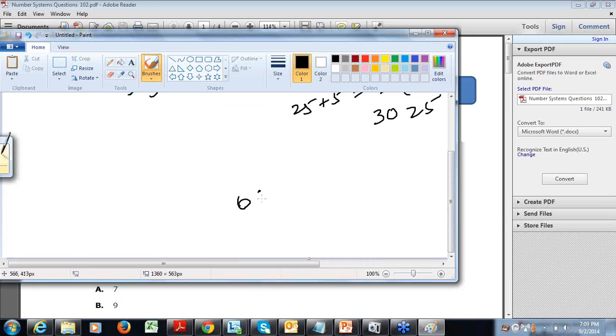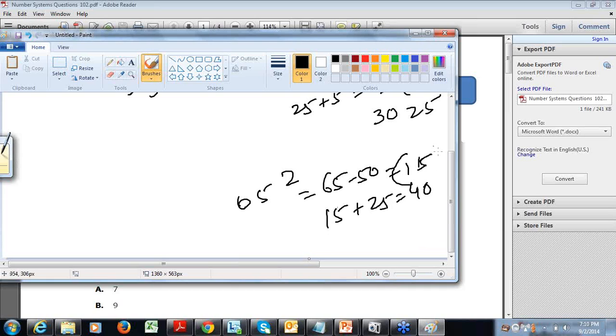Now similarly, if you want to find the square of 65, 65 minus 50 is 15. Add this 15 to 25, you get what? 40. Square this 15, so 225.